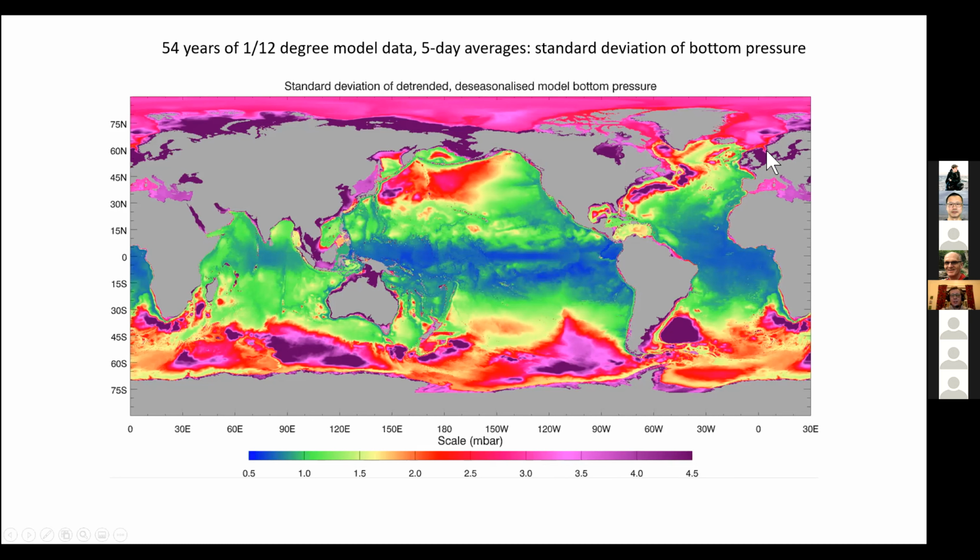Lots of variability up on the shelf is dominantly wind driven and to some extent pressure driven and quite deterministic. And a patch like this, which is on the abyssal seafloor at the foot of the continental slope, tends to be dominated by mesoscale variability, which is completely stochastic, internally generated nonlinear variability.